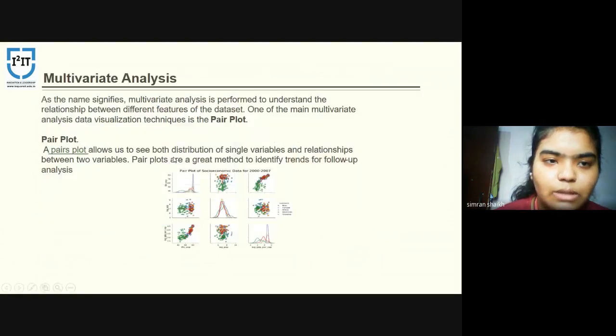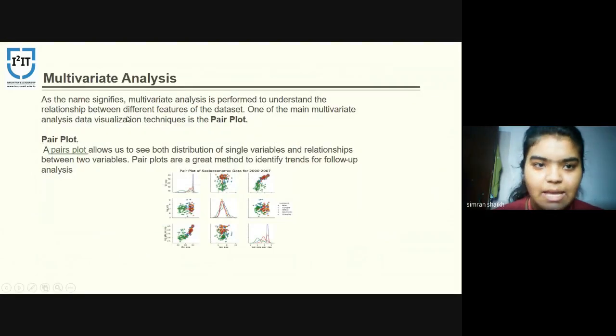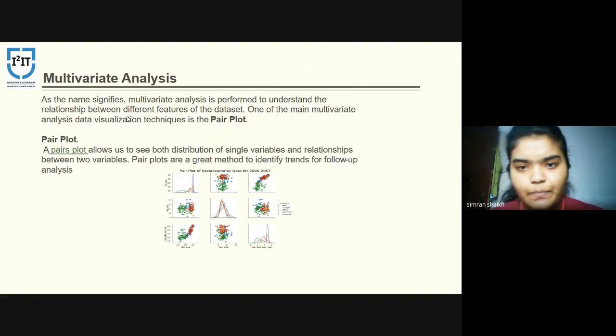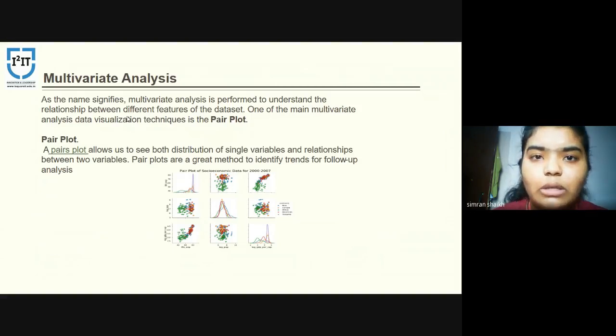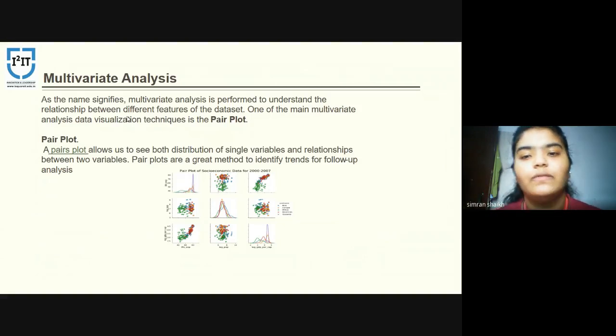Let's move further to multivariate analysis. As the name signifies, multivariate analysis is performed to understand the relationship between the different features of a dataset. The data visualization technique is a pair plot. The pair plot allows us to see the distribution of a single variable and the relationship between two variables.